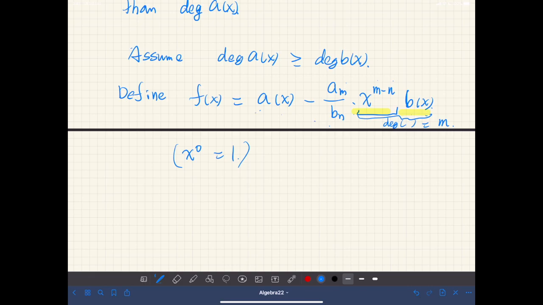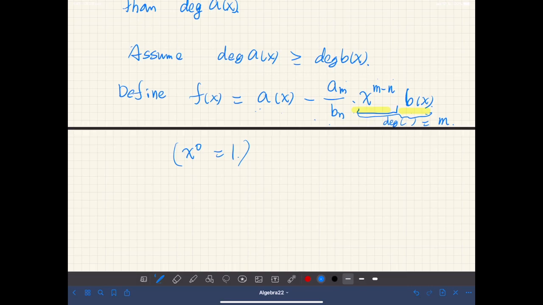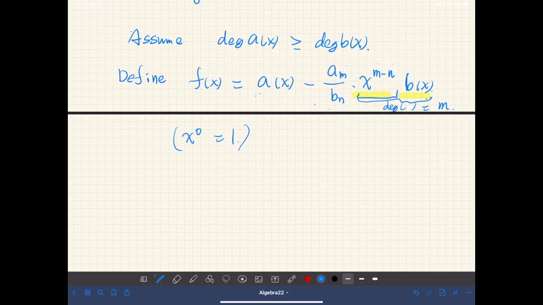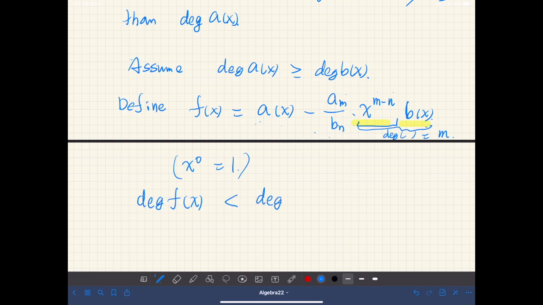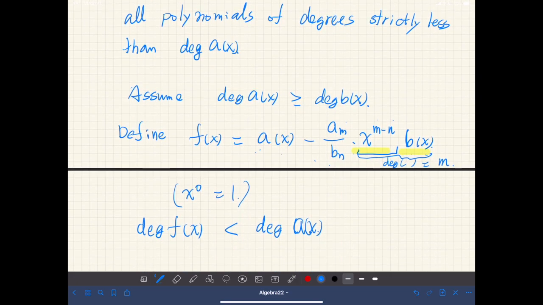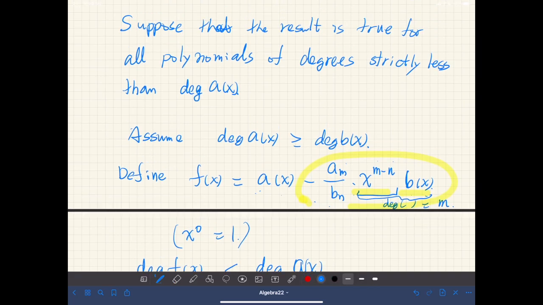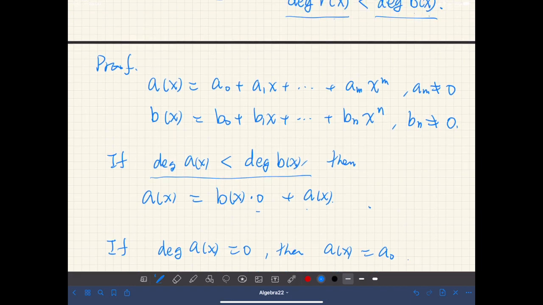So that means the degree of f of x is now less than the degree of a of x, because by subtracting this polynomial, the highest order term is cancelled.